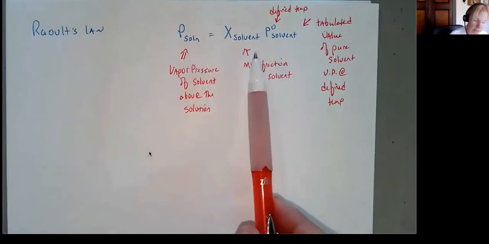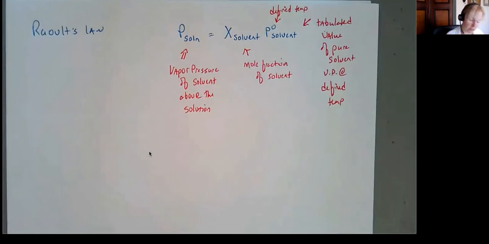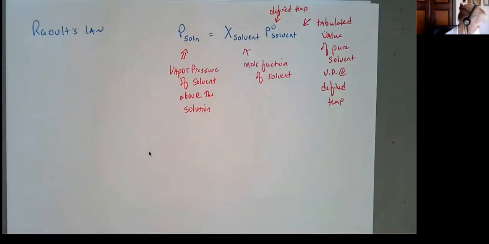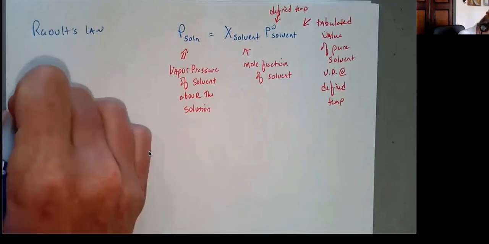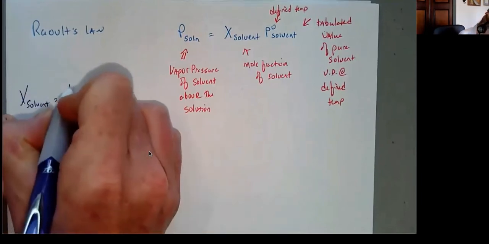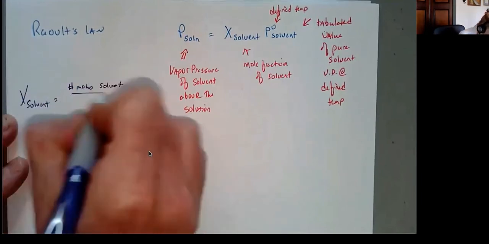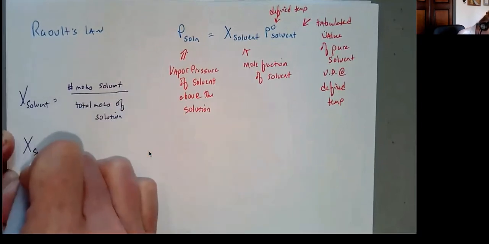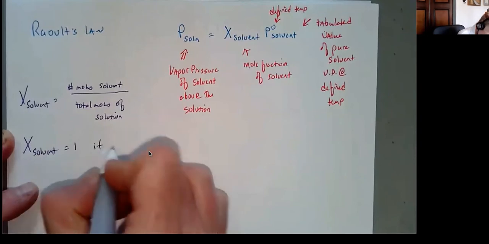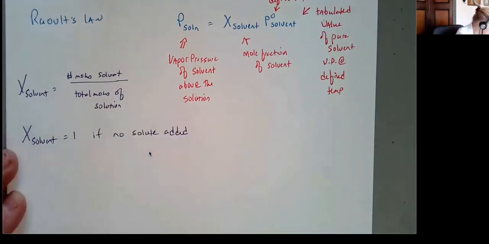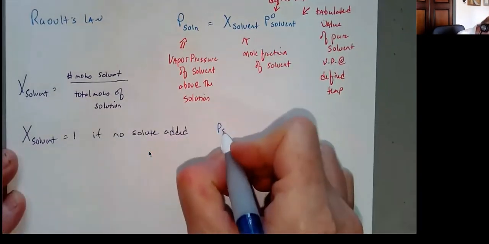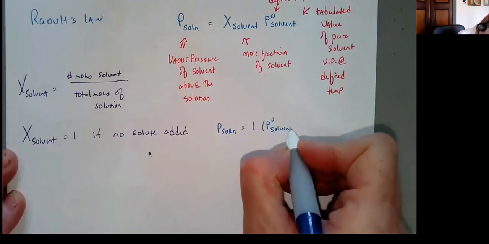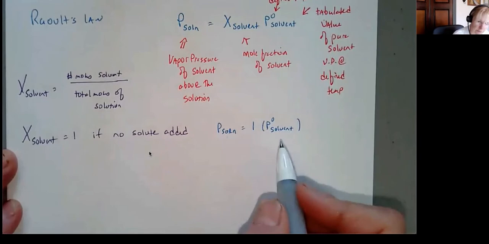But as I start to add in more and more solute, my mole fraction of solvent is going to go down. Right? Because remember, X of my solvent is number of moles of solvent over total moles of solution. So X of solvent equals 1 if no solute. At that point, P solution equals 1 times P solvent, and so those essentially equal each other.